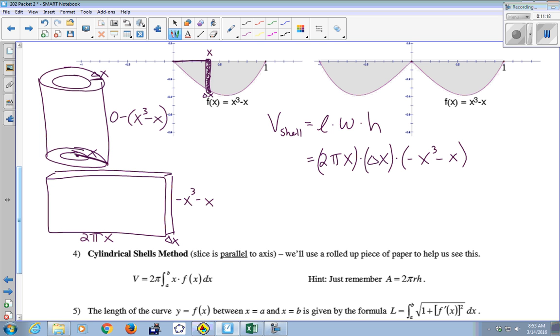But in reality, we're going to let that thickness get so small that the distance from here to here versus the distance from here to here is like there's no difference at all. So we're just going to call both of them x. Does that make sense? Because eventually we're going to take the limit as delta x goes to 0. So that thickness is going to become 0 eventually. So we're kind of looking ahead to when that happens. They're both just x.